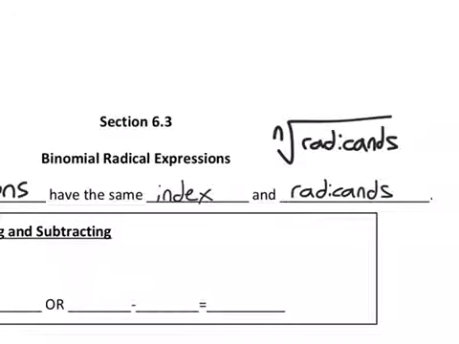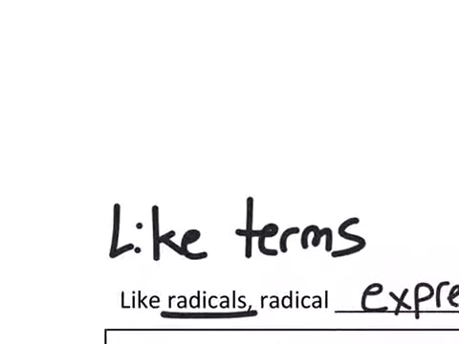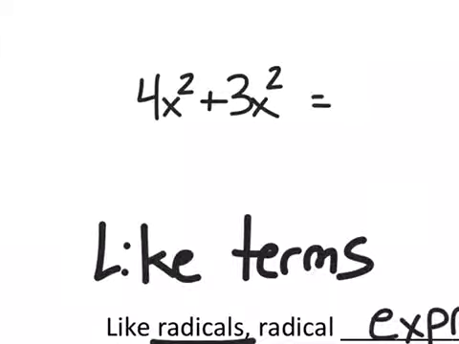Before we get onto this box, if we compare this back to like terms, some previous examples of like terms we've seen are maybe 4x squared plus 3x squared. And then what would that become? Well, we'd add those coefficients together, and we get 7x squared.